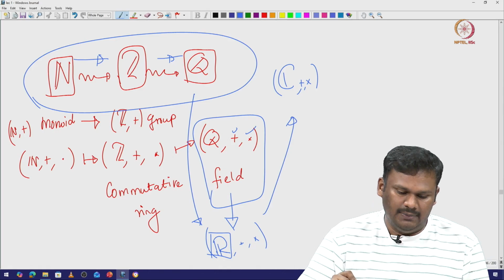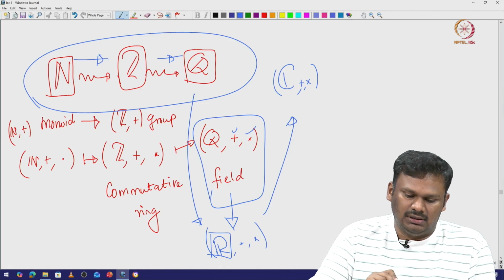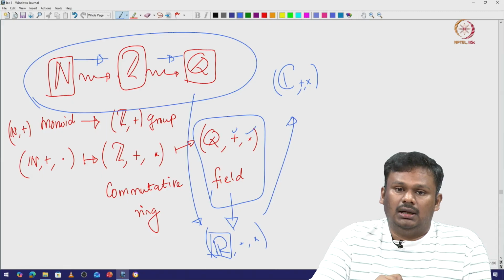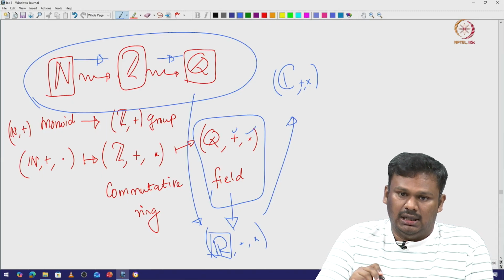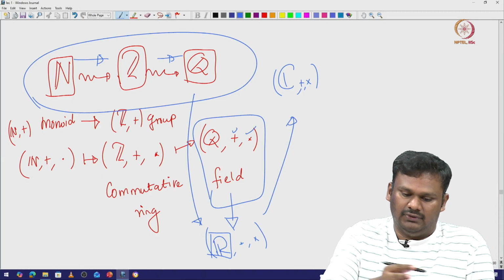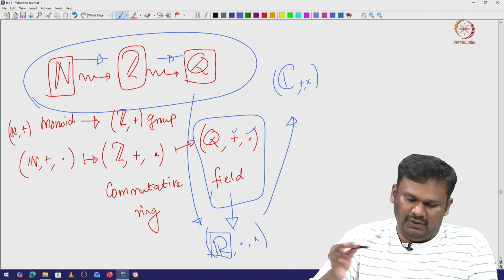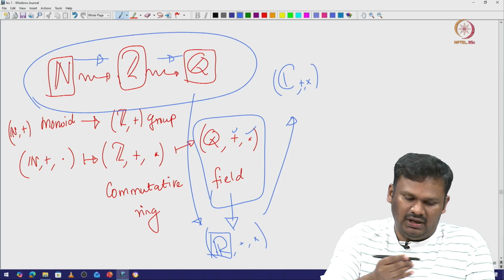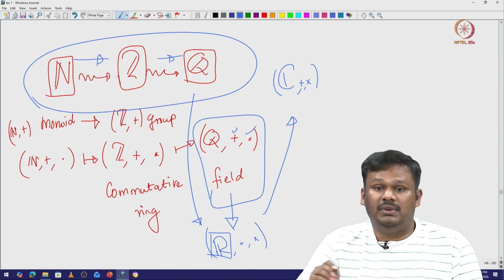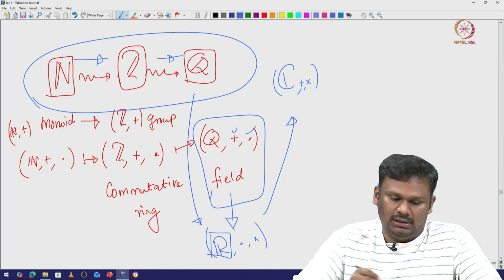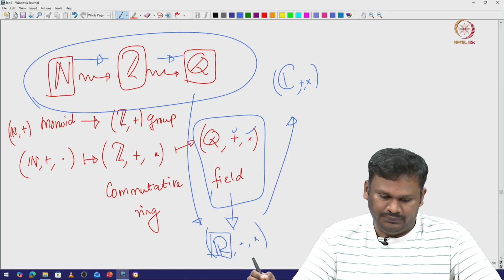But from very basic ZFC axioms we have constructed natural numbers, integers, and rationals from scratch. So, we have not assumed anything, we have constructed everything from scratch, and we have also told how to work with the basic operations of these sets.